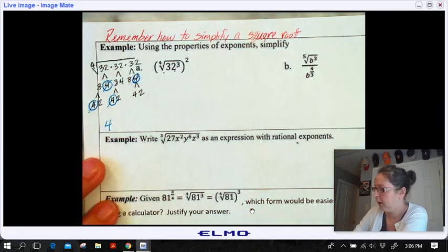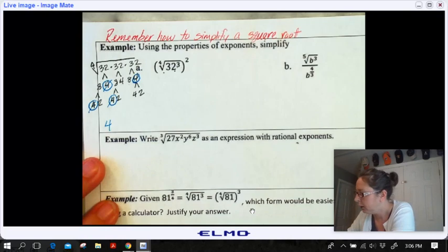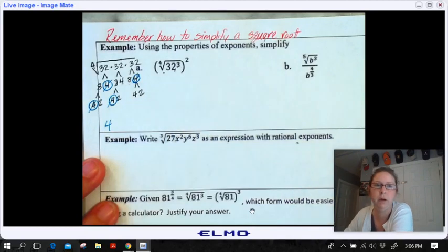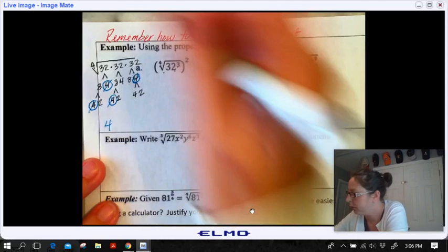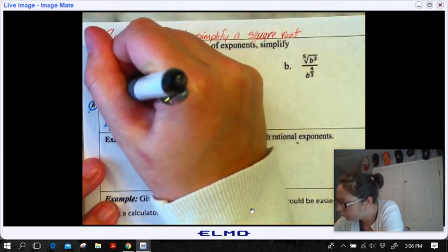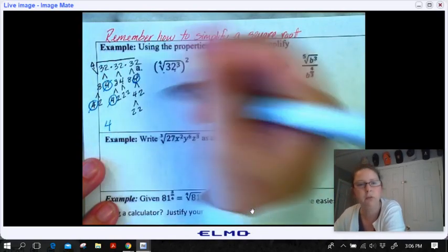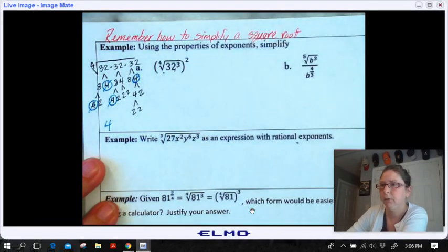Next, I see 1, 2, 3 2s and 2 4s. All right, so let's go ahead and break down these 4s even further. So this is 2 times 2 and 2 times 2. This is just a factor tree, guys.